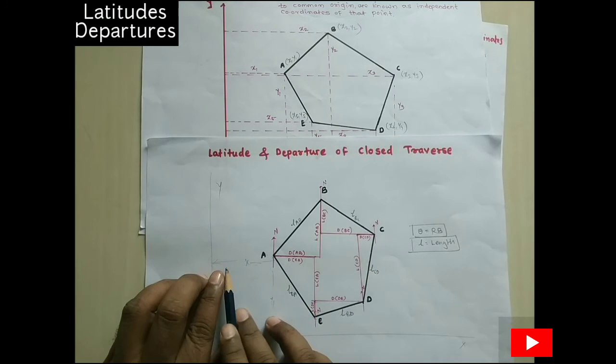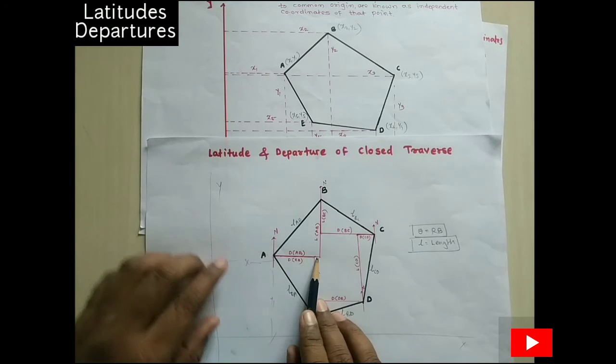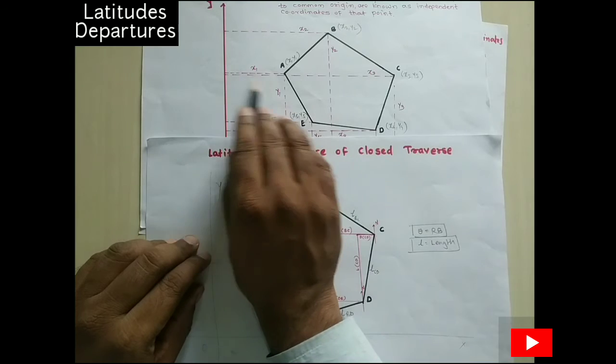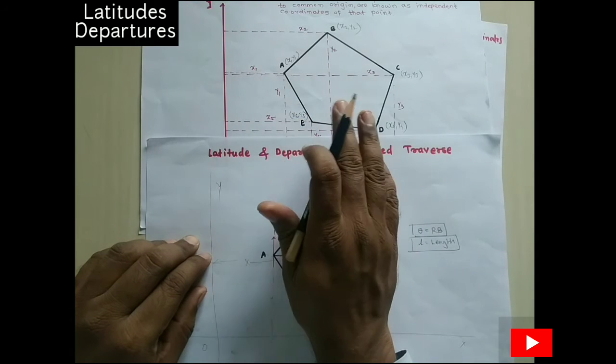I will directly add to this x1 this length. Now here, this is the departure. The x direction indicates the departure and the y direction indicates the latitude.